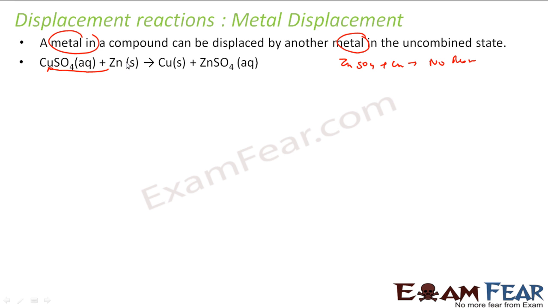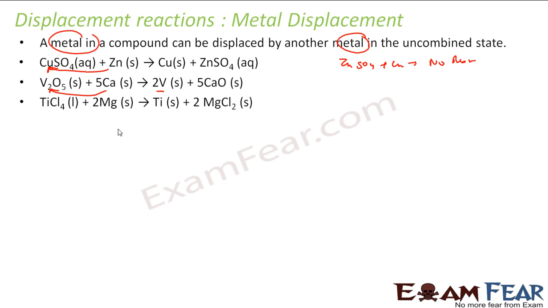But copper sulfate plus zinc will be able to kick out copper, because, as we'll discuss in the next few slides, zinc is more reactive. Another example is V2O5 plus calcium. Calcium has the power to kick this out and combines with the oxygen.